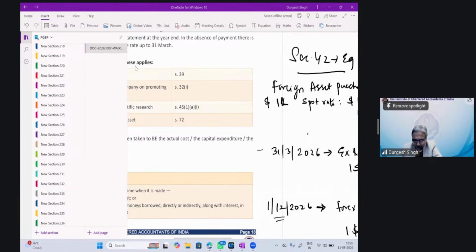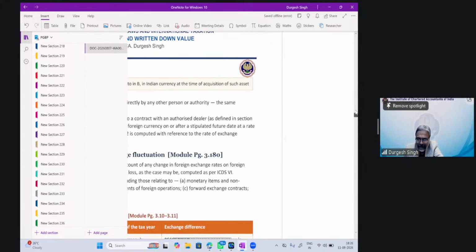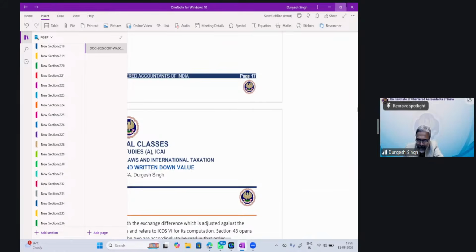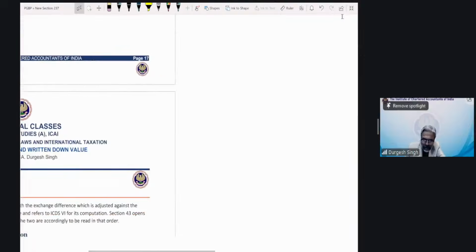Now, therefore, students, let's work it out together. You have the calculator ready, students, and let's try to solve this particular part. So here, at what value does it enter into the block?